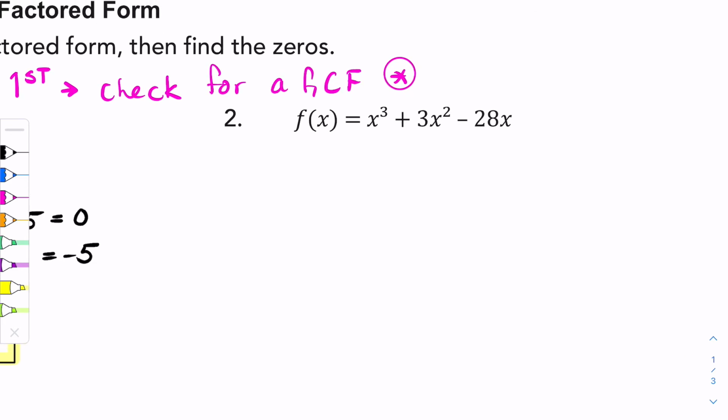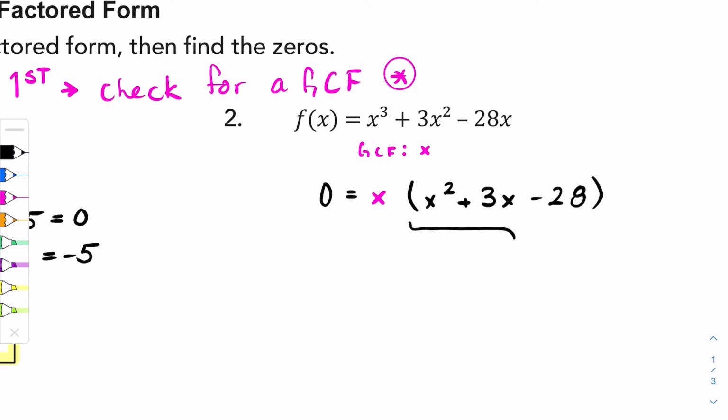Number 2, f of x is equal to x cubed plus 3x squared minus 28 times x. This also has a GCF of x, meaning I can factor out an x from each term. When I take out an x, I'm left with x squared plus 3x minus 28.